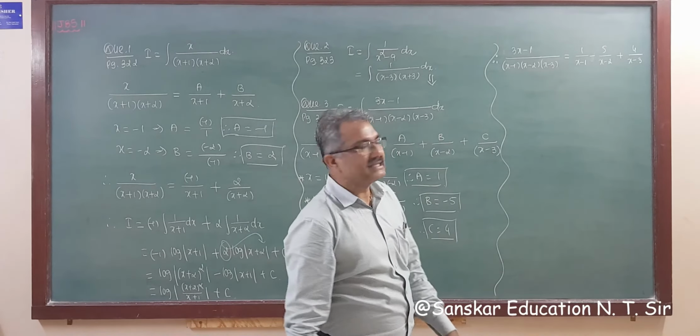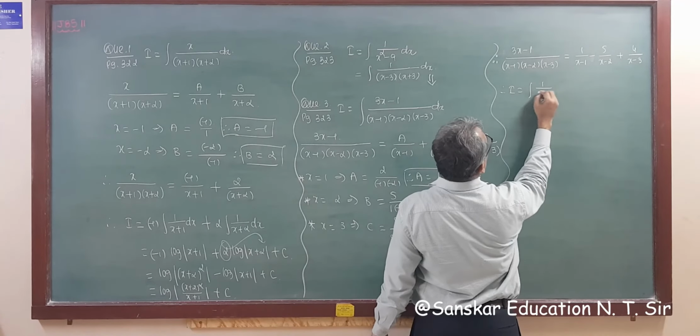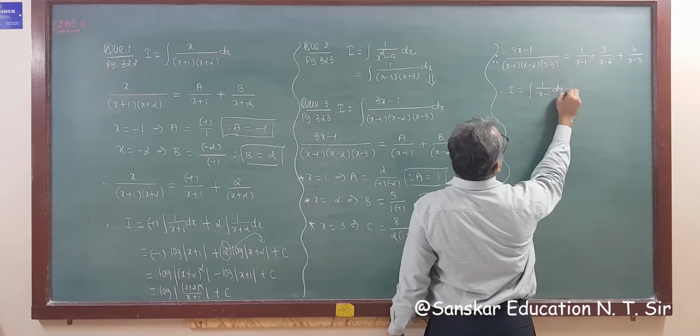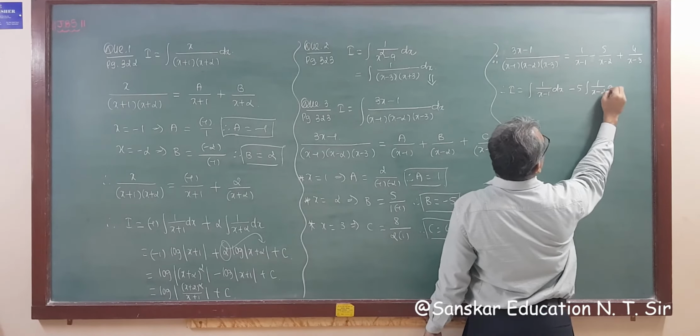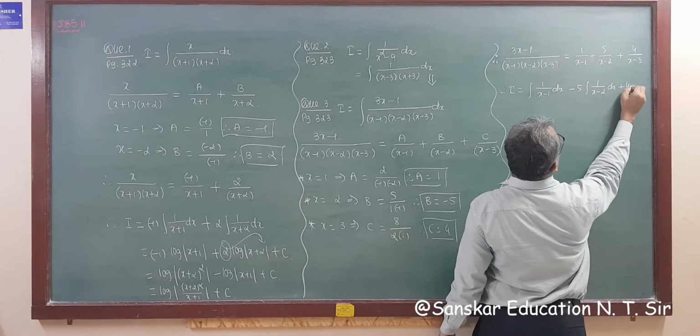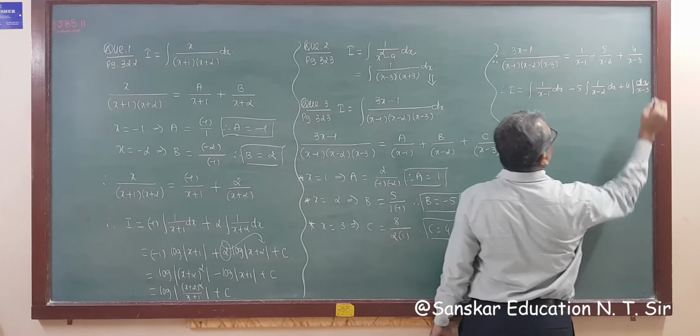So integrating this, what we get? I is equal to integration 1 upon x minus 1 dx minus 5 times integration 1 upon x minus 2 dx plus 4 integration 1 upon x minus 3 dx.